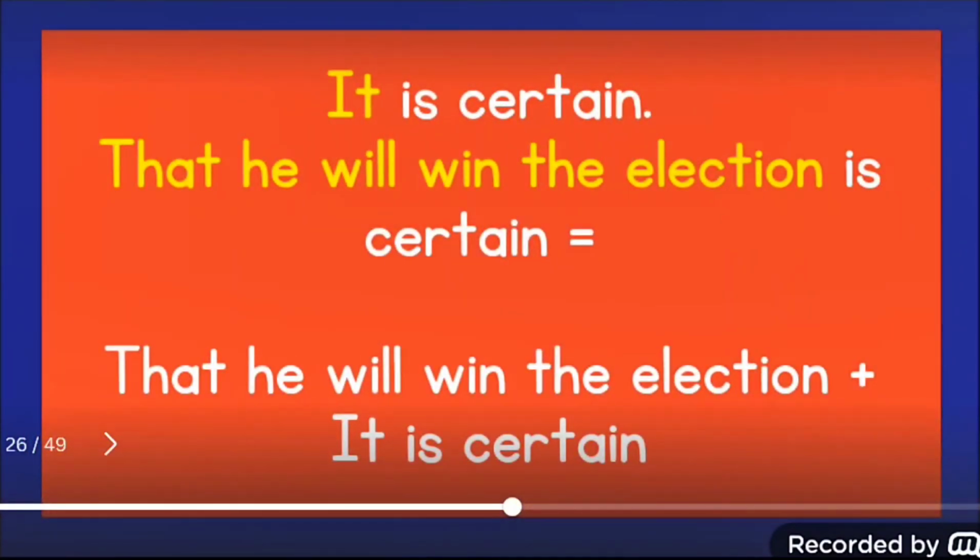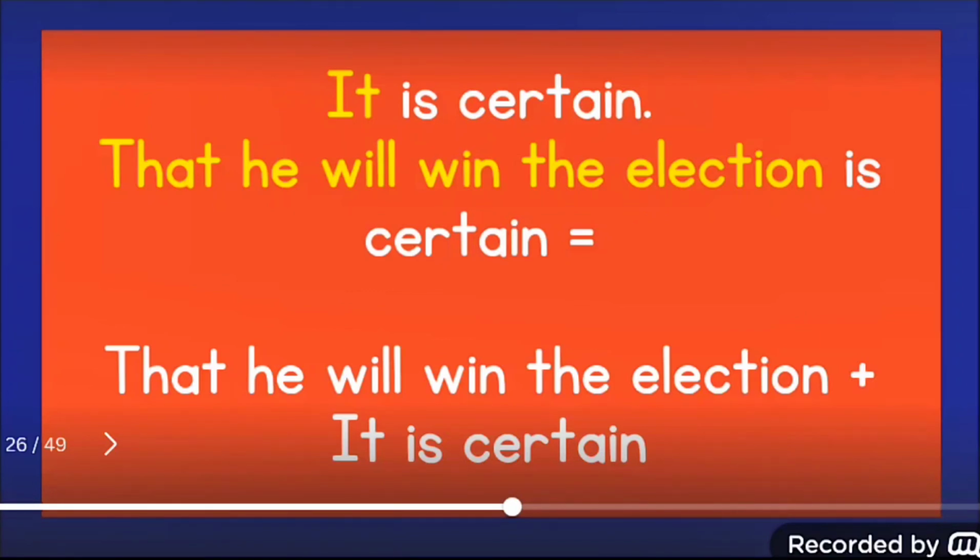Next example. It is certain. Again, it is the subject here. എന്നാൽ ആ പ്രൊനൗണിനെ മാറ്റി നമ്മളൊരു വേറൊരു ക്ലോസ് ആഡ് ചെയ്യാമെന്ന് വിചാരിക്കുക. That he will win the election is certain. So it എന്ന സബ്ജക്റ്റിൻ്റെ സ്ഥാനത്താണ് നമ്മളൊരു എൻറ്റയർ ഡിപ്പെൻഡൻറ്റ് ക്ലോസിനങ്ങ് എഴുതിയിരിക്കുന്നത്.